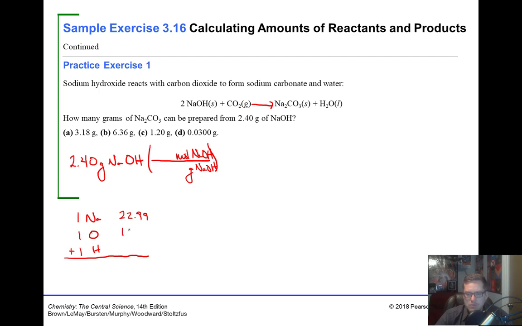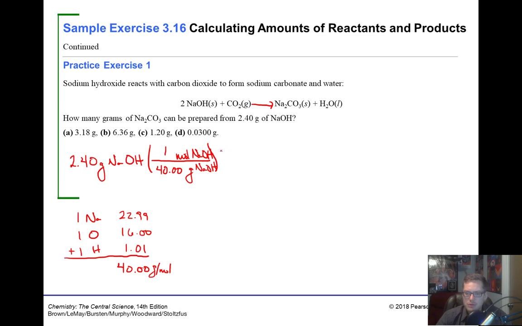Then we have one oxygen, which is 16.00, and hydrogen, which is 1.01. We add all those up: 22.99 plus 16 plus 1.01. We get 40, so the molar mass is 40.00 grams per mole. So we put a 1 with sodium hydroxide, and we put 40.00 grams in the bottom.